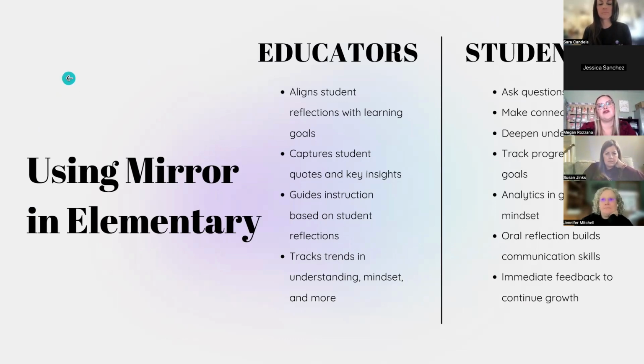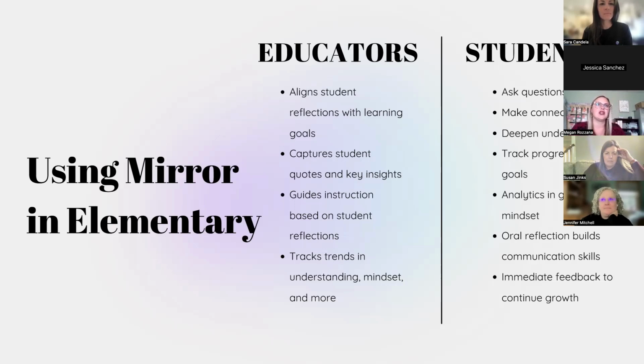For educators, the M2, it should say using M2 MirrorTalk in elementary. For educators, it helps align the student reflection specifically to the learning goals or the learning objectives, which I absolutely love, because I can take my standard that I'm working on and put it in right away at the very top.